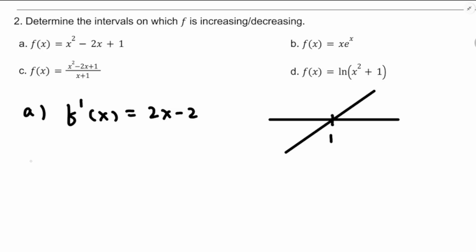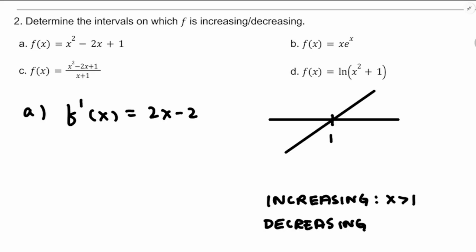It's going to be increasing when x is greater than 1, and it'll be decreasing when x is less than 1 because of the negative first derivative.